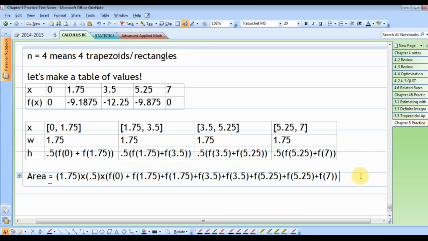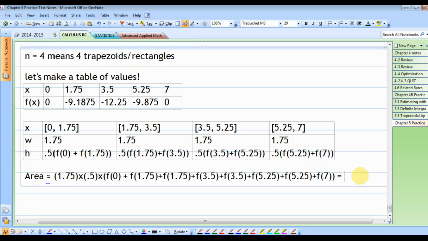All right, I'm going to push the equal sign. Hopefully my calculator will give me a good number here. And it doesn't. Oh, because I put f of 0. My calculator doesn't know what f of 0 is. What do I get? Is that rounded?